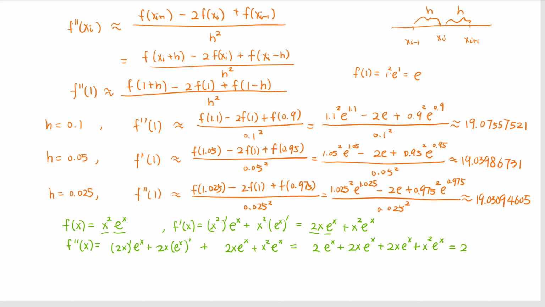So we have 2e to the x and then 4x e to the x and x squared e to the x. So far, so good. And we want to plug in 1. So it's 2e plus 4e and 1 squared is 1e. Oh, 2, 4, 1 is 7e. What is 7e?